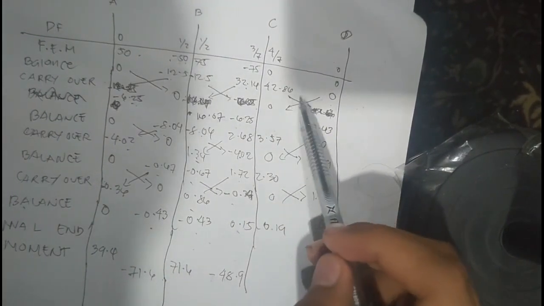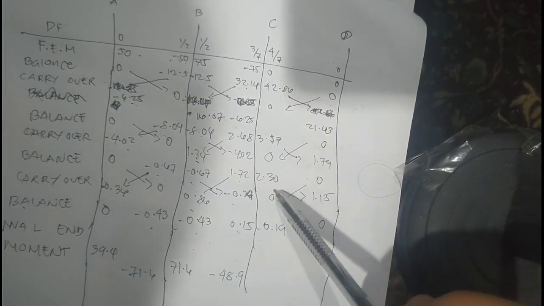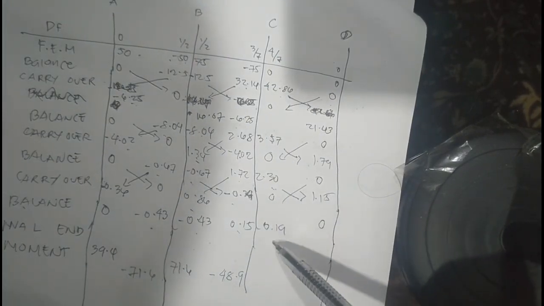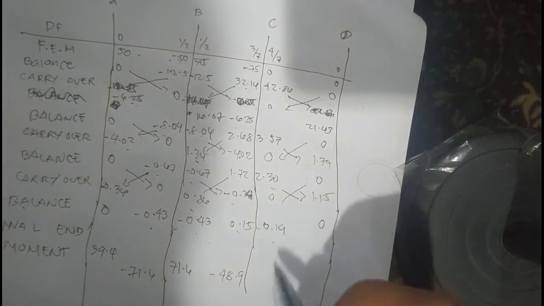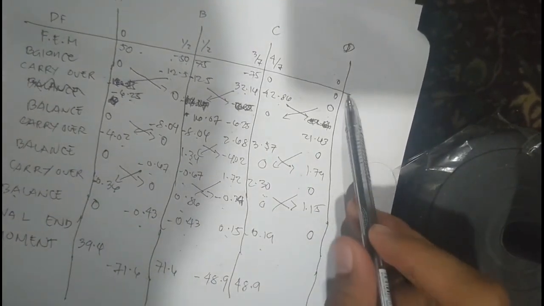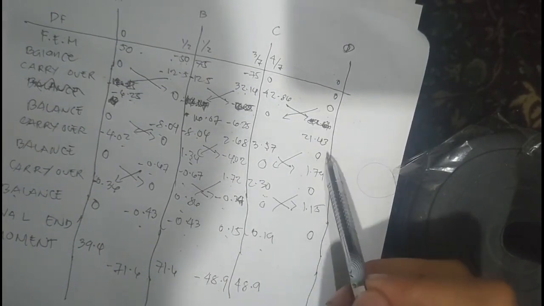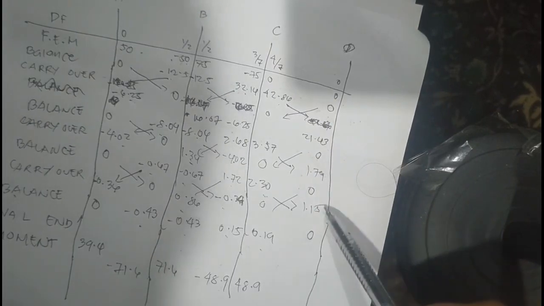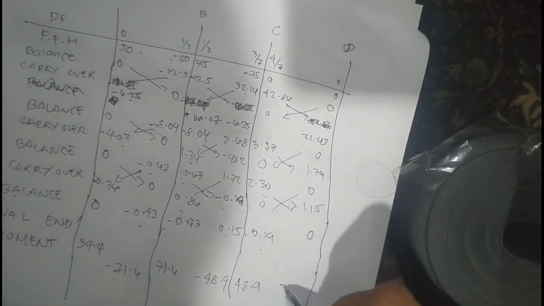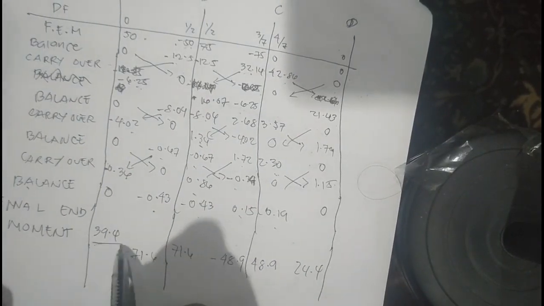So 0 plus 42.86 plus 3.57 plus 2.30 plus 0.19 equals 48.9. So lastly, 0 plus 21.43 plus 1.79 plus 1.15 equals 24.4. So mao ni siya imong final end moment.